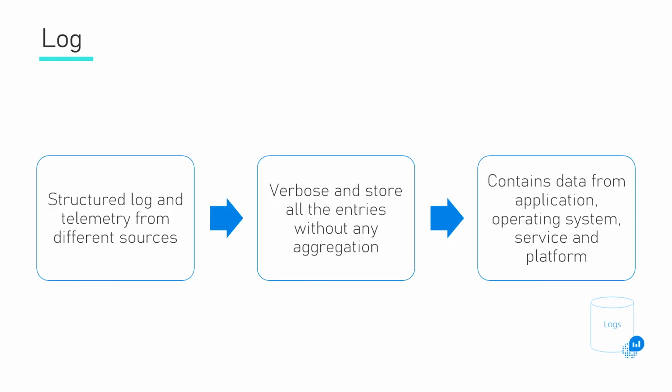Little details like that. Logs, on the other hand, are structured data or structured telemetry from different sources. They have more data, not just a numerical value. It's not like CPU utilization 80%. Logs collect data from applications, operating systems.